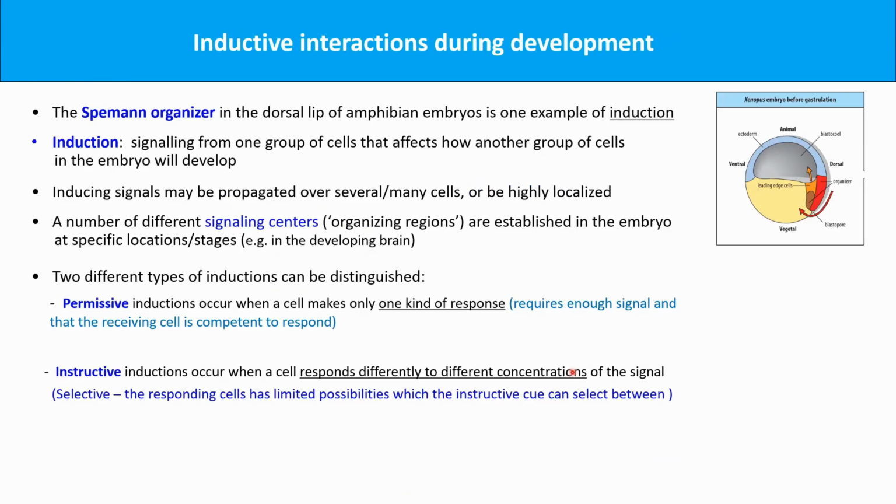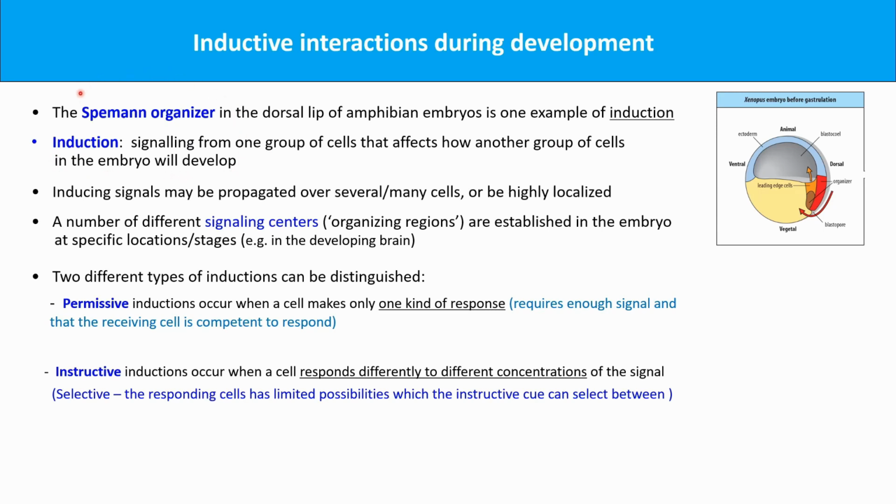So what do we mean when we say it's dependent on cell-cell interactions and influences from other sides? Here a very important term to consider is induction. Induction is the signaling from one group of cells that affects how another group of cells in the embryo will develop.